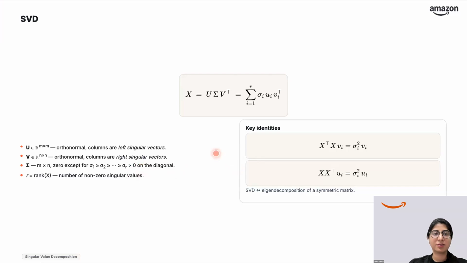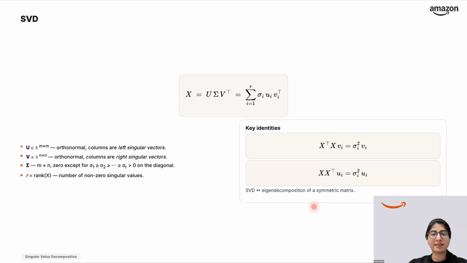Right. So now we have this X, which is a rectangular matrix, and we want to get U, sigma and V transpose for this matrix. What we have seen is eigen decomposition, but eigen decomposition exists for a symmetric matrix. So what we can do is take X transpose X and X X transpose, and sigma i square are basically the eigenvalues of X transpose X and X X transpose.